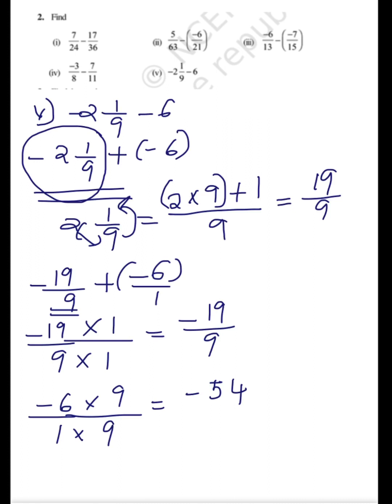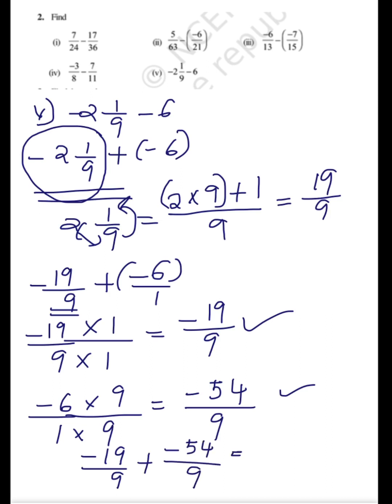Minus 54 by 9. Okay, so now the denominators became the same. So let's add them. That is minus 19 by 9 plus minus 54 by 9. Okay, so that it will become minus 19 plus minus 54 divided by 9.